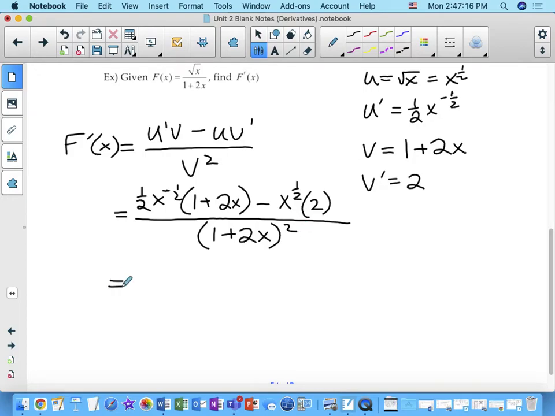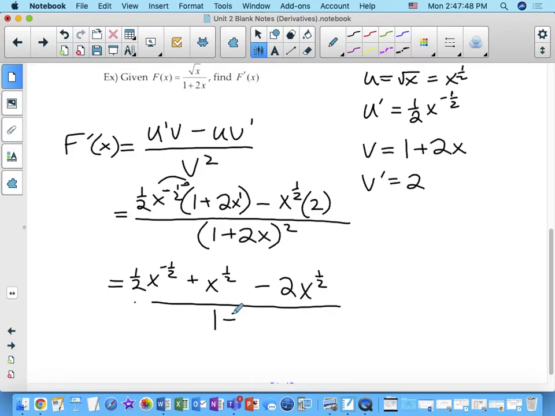All right, so if I expand this, I'm going to get 1/2 x to the negative 1/2 plus half times 2 is 1, and x to the 1/2 times x to the 1 is x to the 1/2, minus 2x to the 1/2, over 1 plus 2x squared.